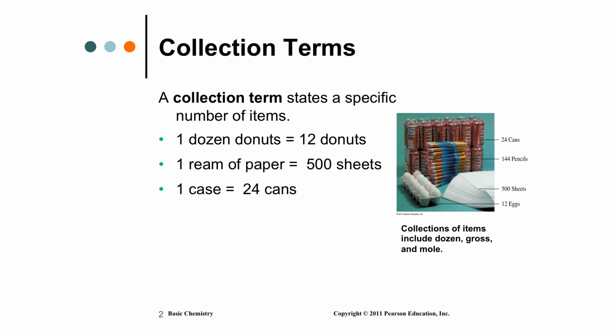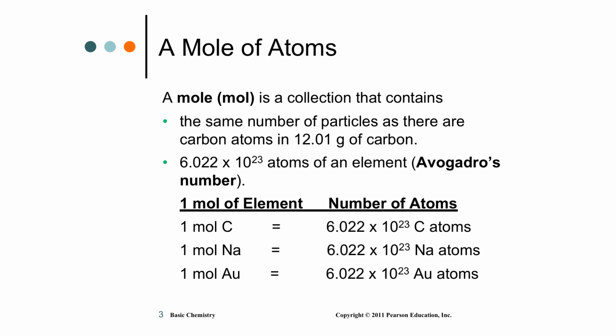So, what is a mole, Mr. B? Okay. A mole is equal to this number. And this number needs to eventually get somewhere in your brain. What you're going to see, it's the same number of particles as there are carbon atoms in 12.01 grams of carbon.